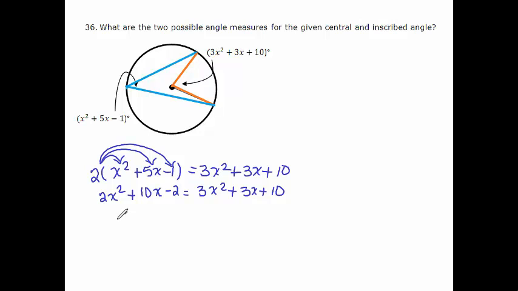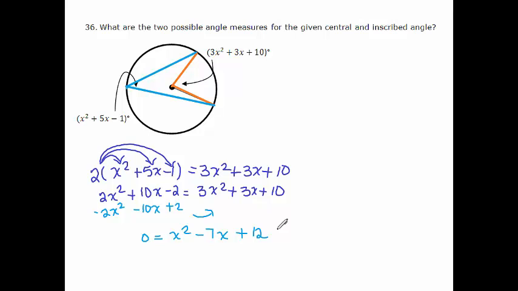And I want to solve for x, and this is a quadratic, so I'm going to have to get everything on one side and 0 on the other. So I'm going to subtract negative 2x, subtract 10x, and add 2, and I'm going to do that to both sides. So I'm left with x squared minus 7x plus 12 equals 0.